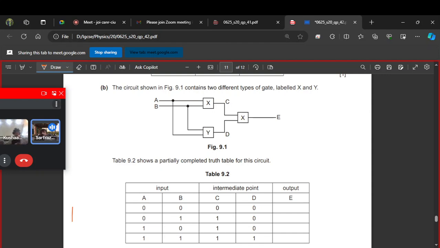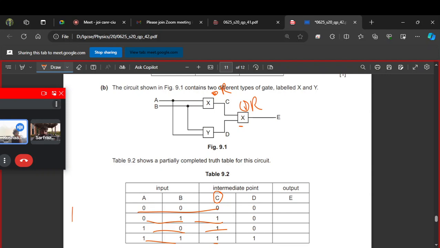Yes, because the output is C. You can see the column C: 0 0 0 1 1 1. So it's an OR gate. And this also will be an OR gate, the second X.